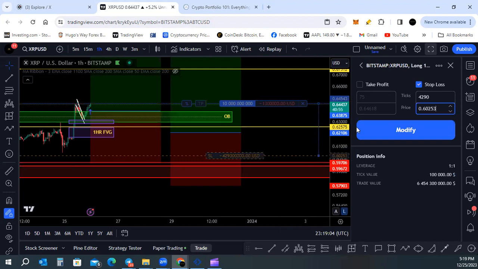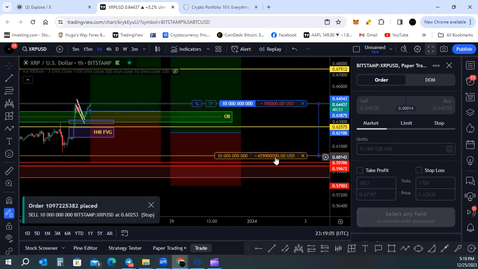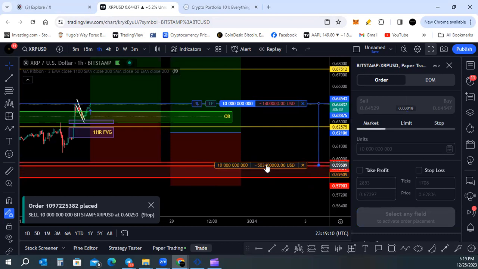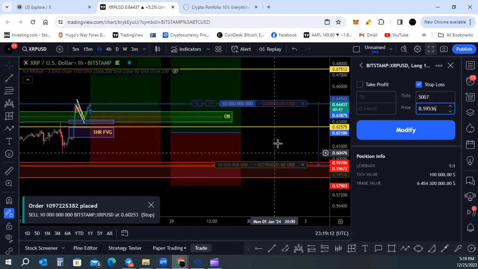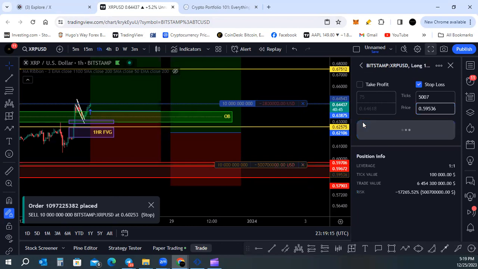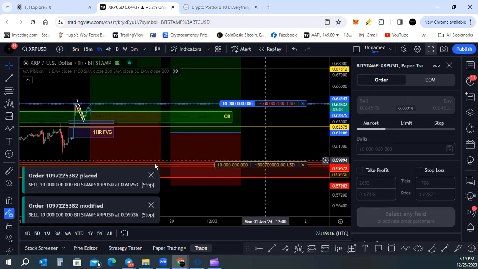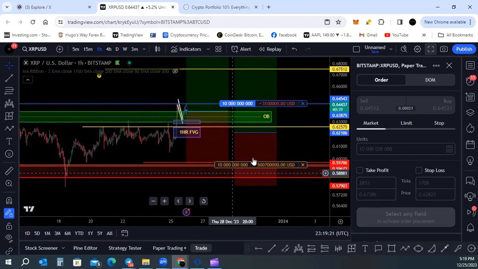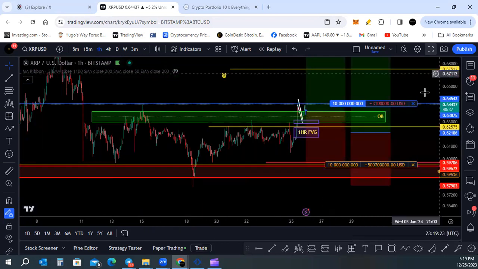So this will be a stop loss here. Actually, we can go ahead and put it down here where this guy is. And this is why people get into this, but I wouldn't be focused on these huge numbers, but something realistic in the beginning.